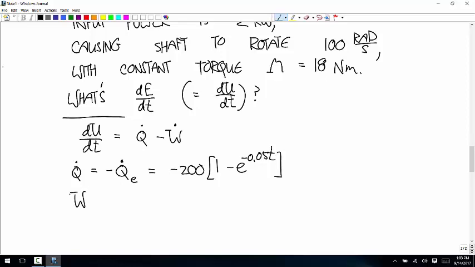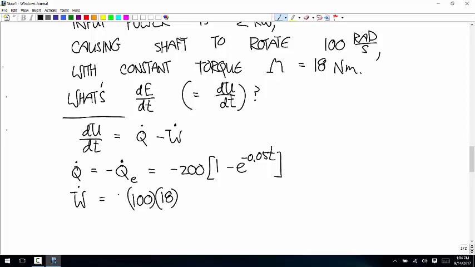The work done by the motor is, so for W dot to be positive, the motor has to do work. Work is being done to the motor by the electricity. That's energy that the motor is gaining. And the motor is doing work on its surroundings through that moment and that angular velocity. So this is going to be equal to 100 times 18.